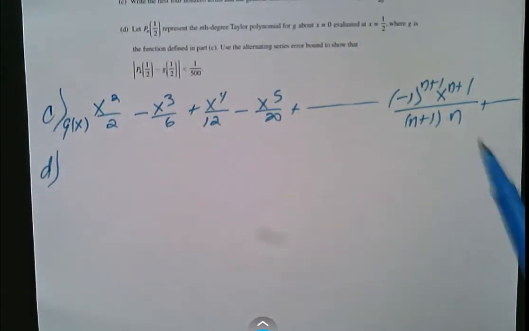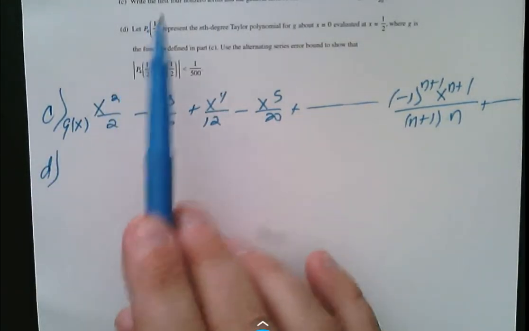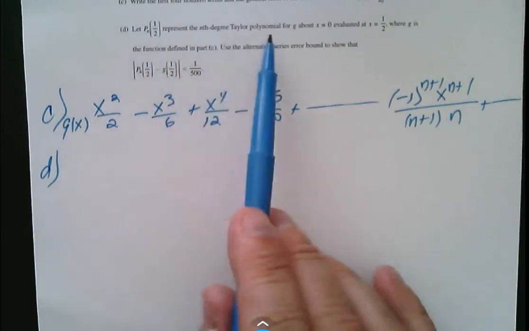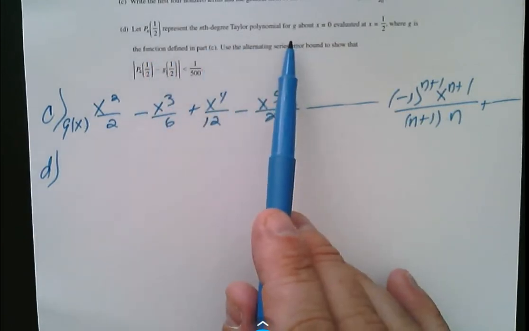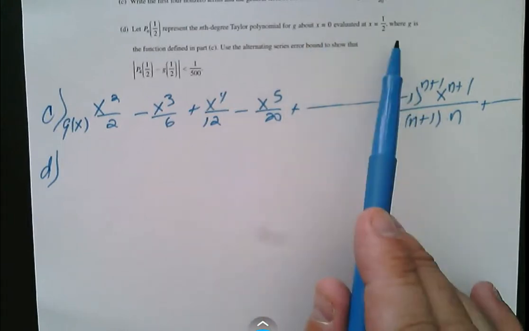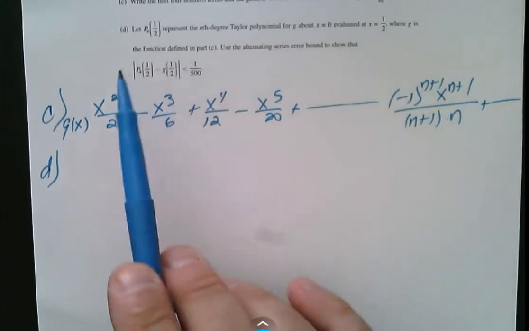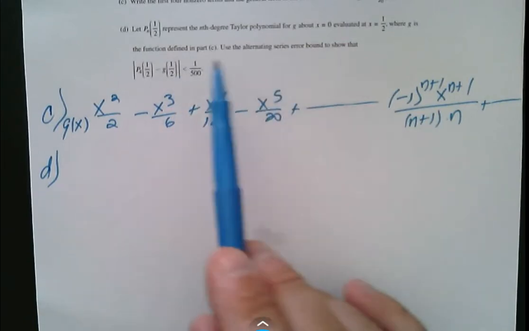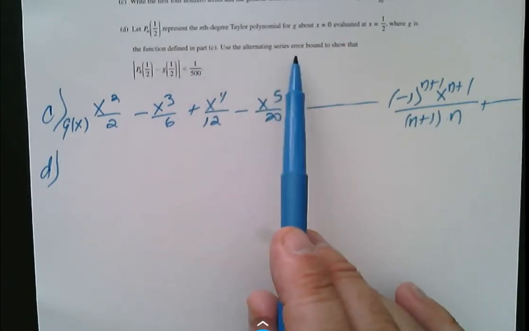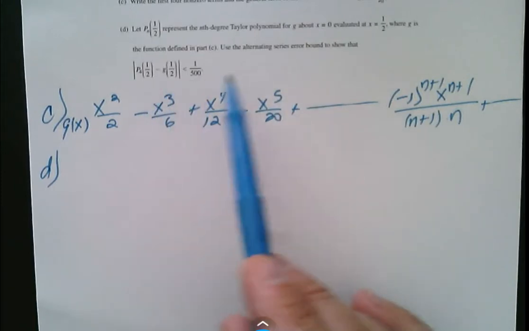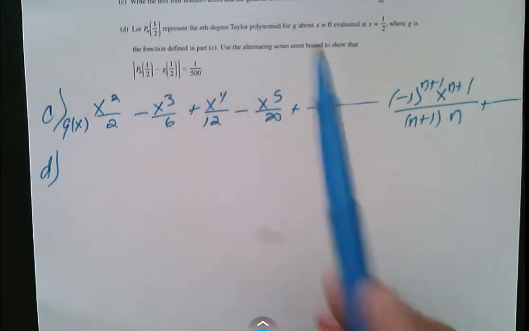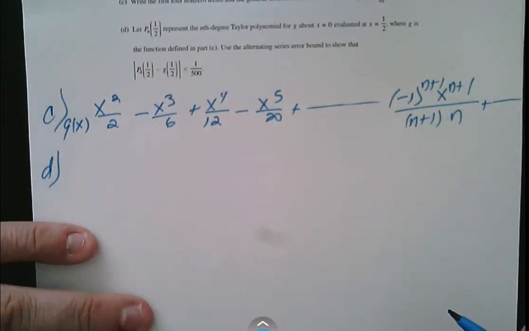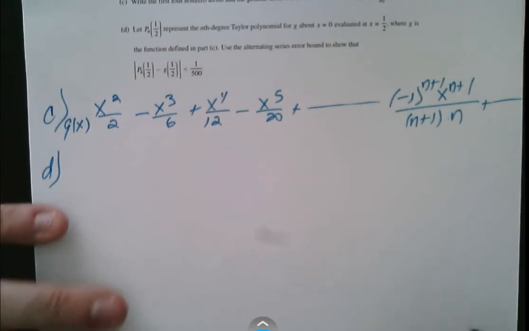Why do we need that? Okay, p sub n of a half is the nth degree Taylor polynomial for g, centered at x equals 0, evaluated at a half, where g is the function defined in part C. They want us to use the alternating series error bound to show that this is true. Well, let's see. What does that mean?